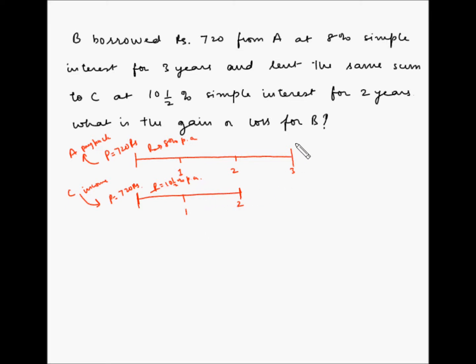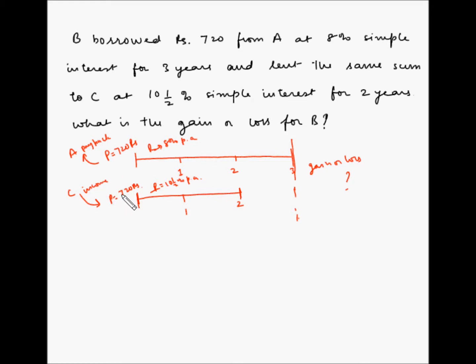So at the end of this whole transaction, so let's say at the end of these 3 years, whether it is gain or loss and how much is the gain or loss, that is what we have to find out. So the gain or loss will be the difference of interest between the first case and the second case, and if he is paying more to A than what he is getting back from C, then he is making a loss.